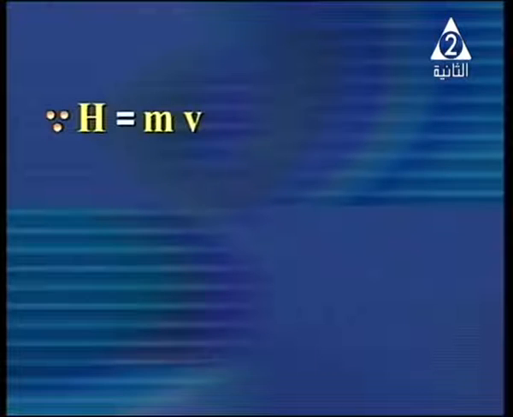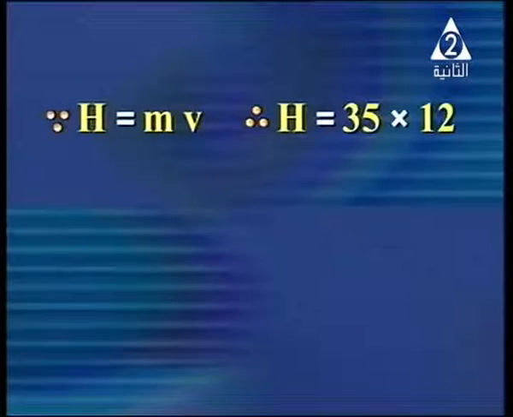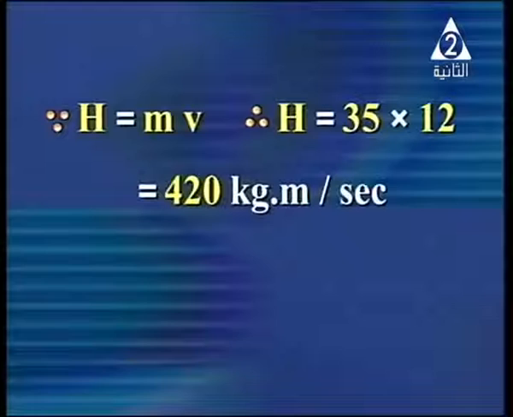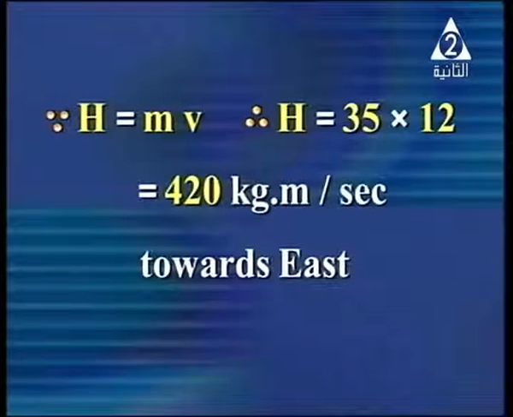Then we multiply: m equals 35 times 12. The answer is 420 kilogram meter per second. This is towards the east. Why? Because the direction of momentum is the same as the direction of the velocity.